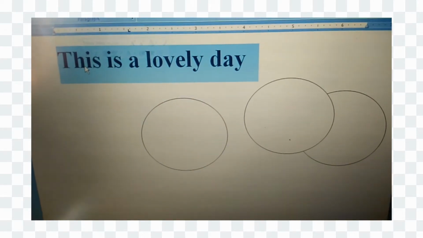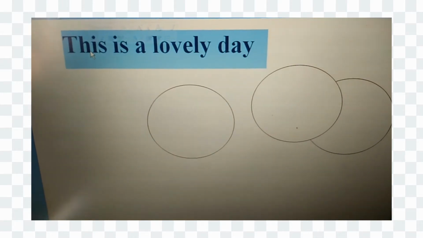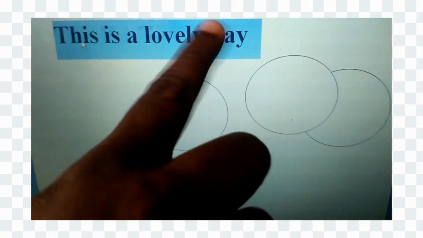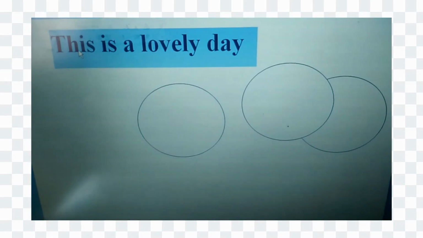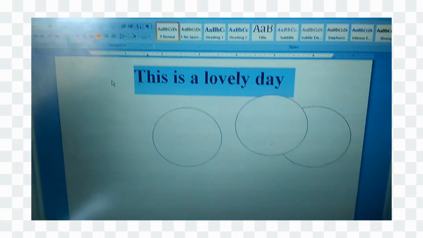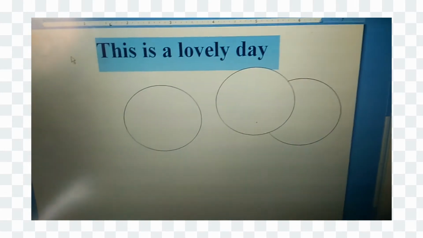This is already towards the left of the page, and I need it in the center of the page. I'm going to press my Ctrl key plus E, and look at that, the position has changed. So that's the function of Ctrl E.